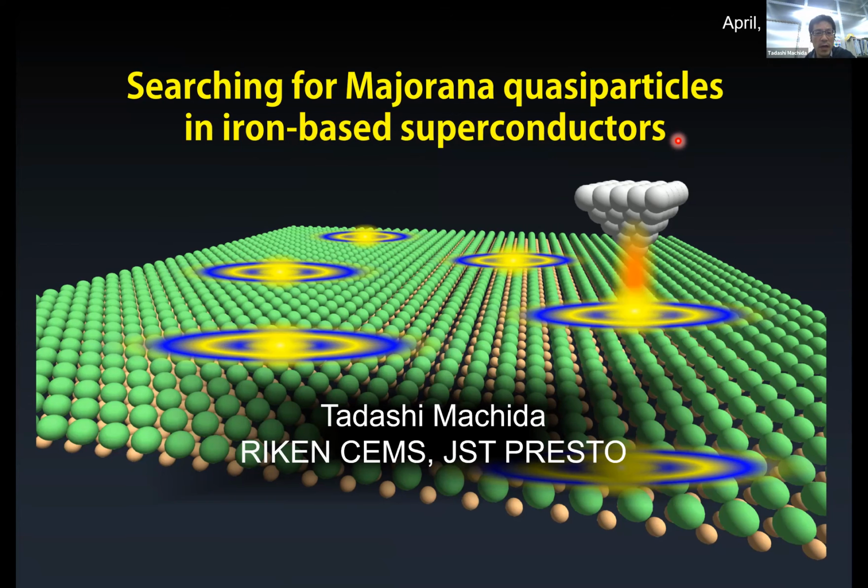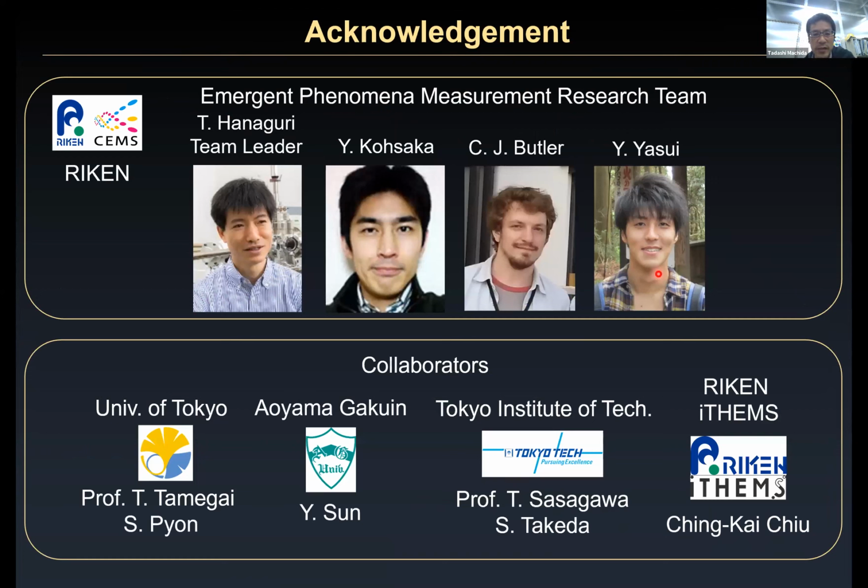First of all, I'd like to introduce my collaborators as shown here. The top panel indicates my group members, and Dr. Tetsuo Naguri is the PI of my group; all of them provided help and advice in the STM measurements and in analyzing the STM results.